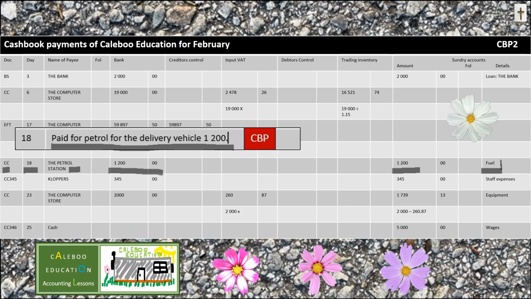That is why there is no VAT calculation in this transaction. So there we go, very easy. 1,200 under bank, 1,200 under sundry, and what was it for? Fuel.